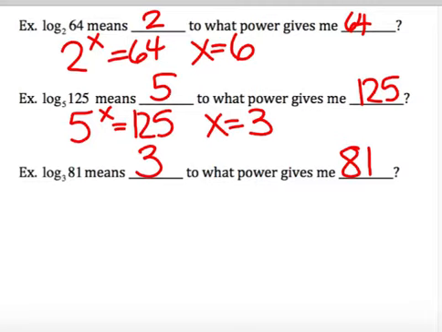Good, let's see if you got it right. 3 to the x is 81. On that pink sheet, let me see your finger scan across. Base 3, wrong paper, grab your power paper. Base 3, 3 to the what is 81?